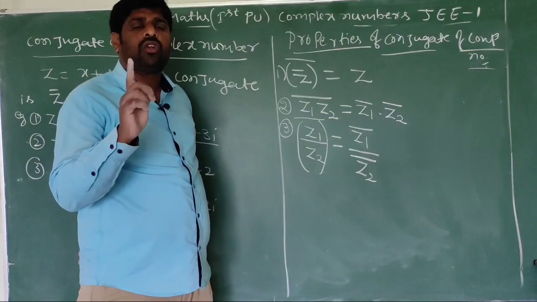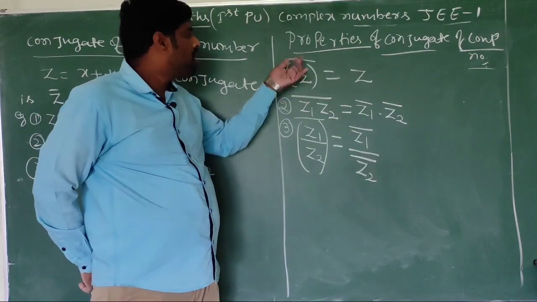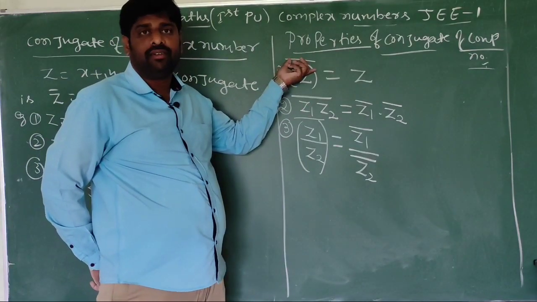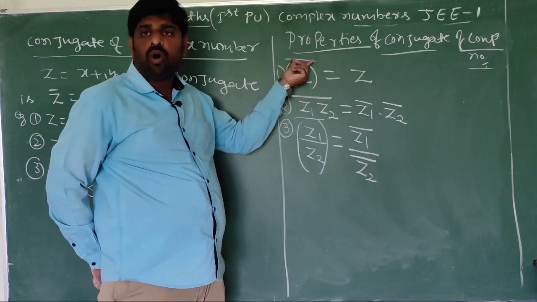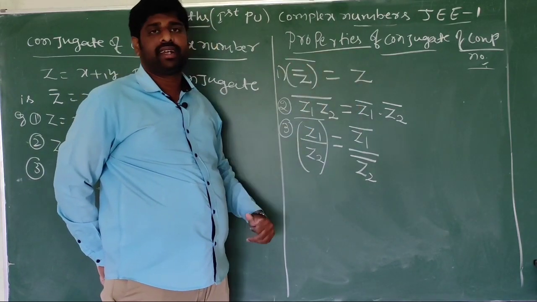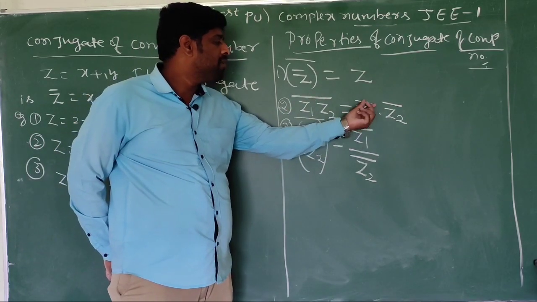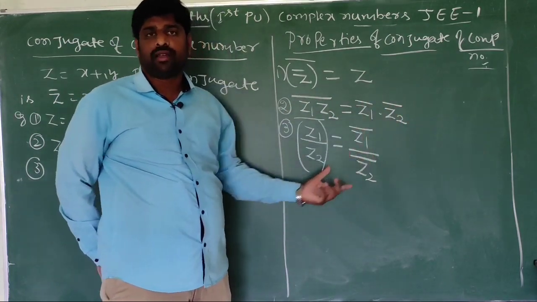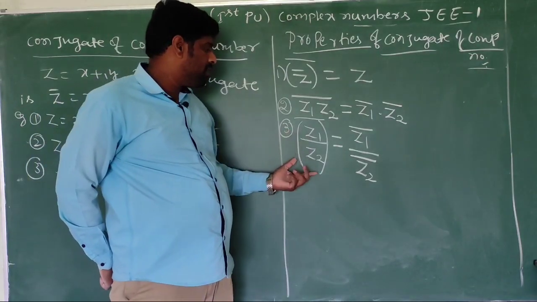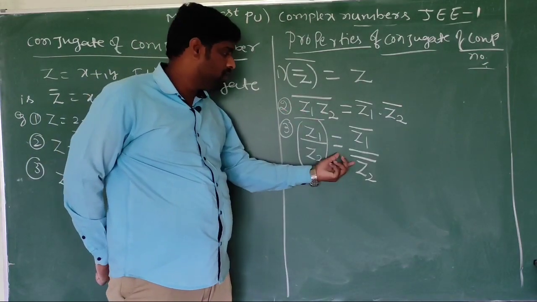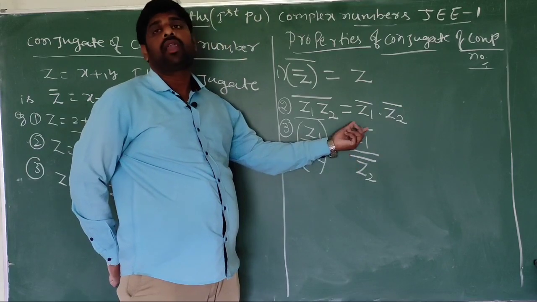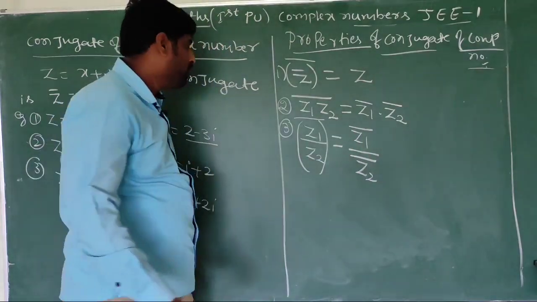Dear children, don't confuse. Here bar means conjugate. Z bar whole bar equals z. Z1 Z2 whole bar equals Z1 bar into Z2 bar. So Z1 divided by Z2 whole bar equals Z1 bar divided by Z2 bar.